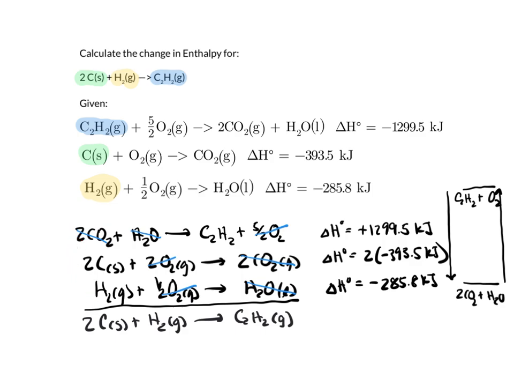And when I add these reactions, the total delta H is the sum of the delta H's for each of the reactions that I've written. So if I take 1299.5 and I subtract 2 times 393.5, and then I subtract 285.8, I will get 226.7 kilojoules.